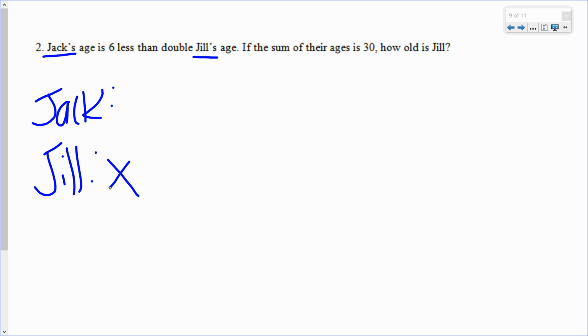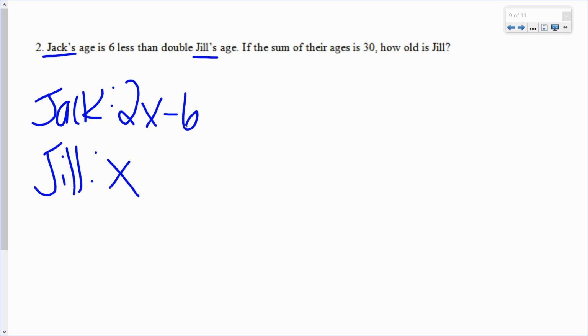If Jack is 6 less than double that, this goes back to 8th grade math, translating into an expression: double would be 2x, 6 less than that would be minus 6. And if you remember, when you see the phrase less than, you kind of switch the order. That's not really the thing I'm concerned about as far as what you're going to be doing in geometry, but I will finish the problem off from here anyway.